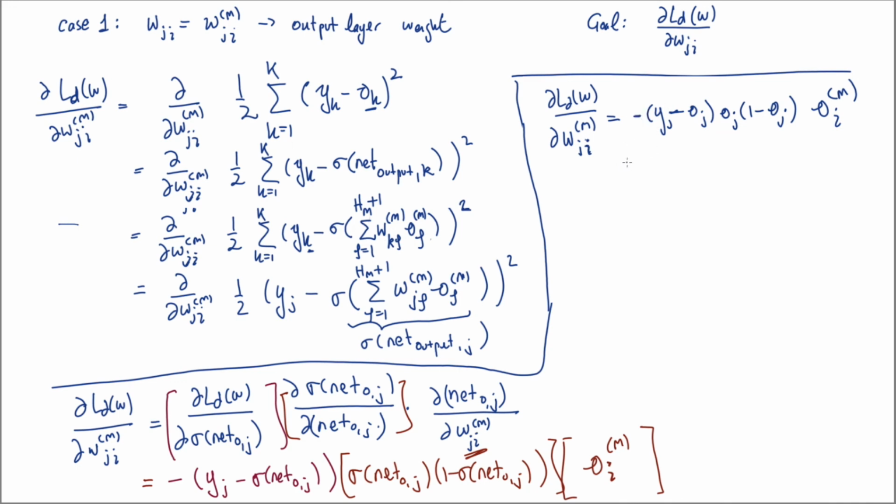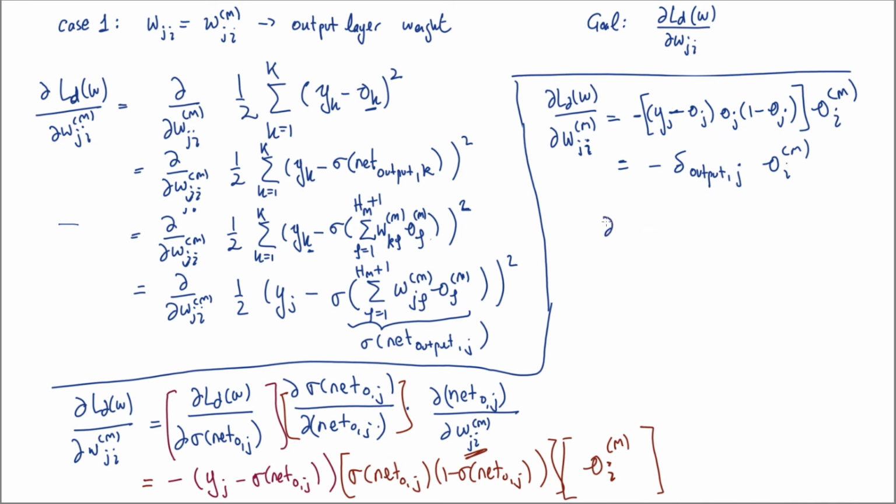And this is often written simply as minus delta output j times o_i^m. Okay, so this term here, actually just this term inside of the brackets, is usually called delta output j.